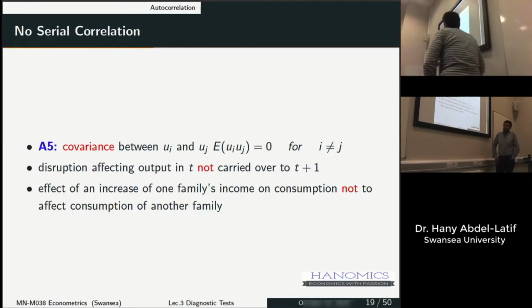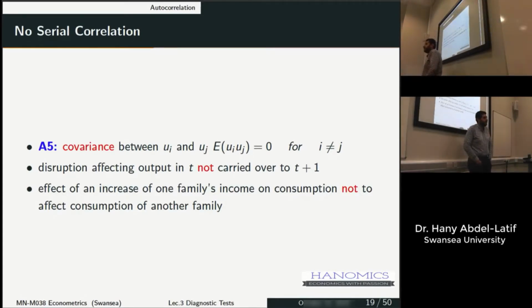With autocorrelation, again, it's another assumption about the error term and how it behaves. We assume, assumption 5, that the covariance between ui and uj, so we talk about two errors, should be 0. So the correlation between the errors should be 0.